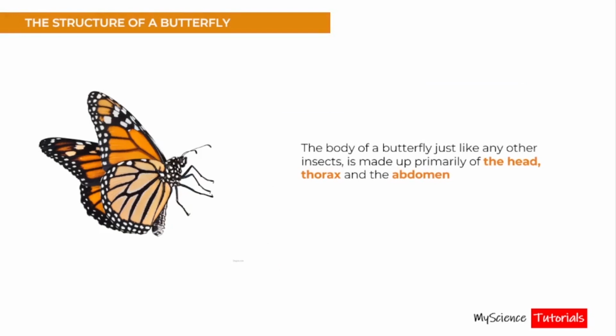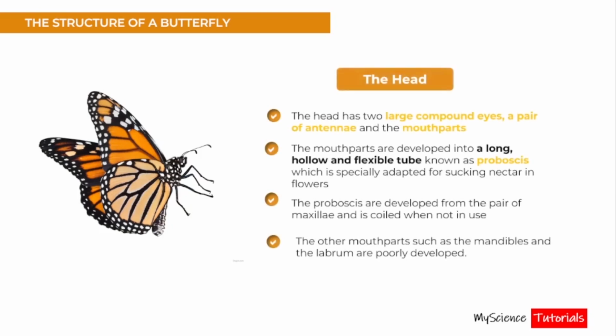Now let's look at the structure of the butterfly. So the butterfly is just like any other insect, made up of the head, the thorax, and the abdomen. Now let's look at the head. The head of a butterfly has two large compound eyes, a pair of antennae, and mouthparts.